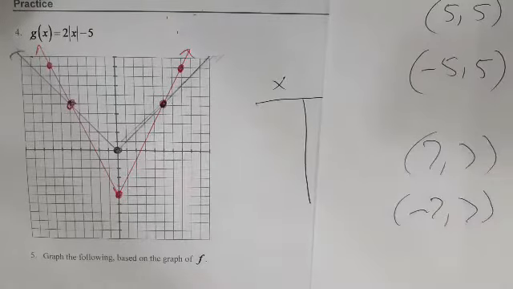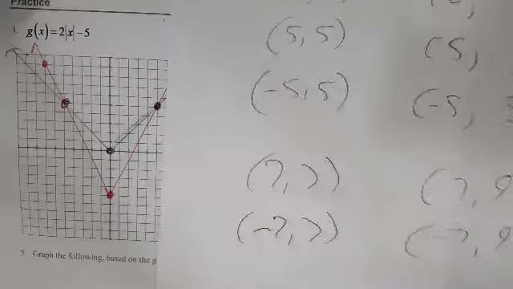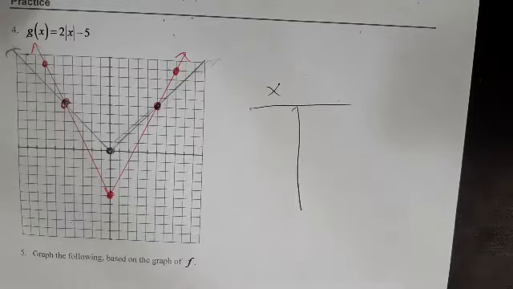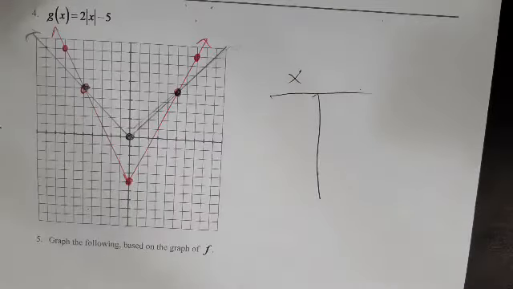So if you want to pick points off your graph, you can do that, and then you can adjust the y or adjust the x accordingly. Or you can do the t-chart thing. It should give you the same solution.